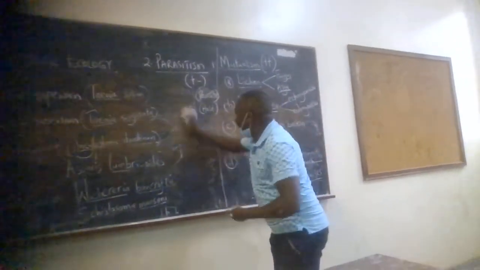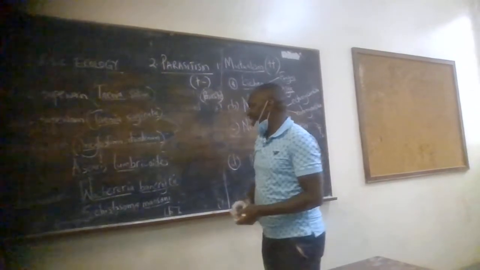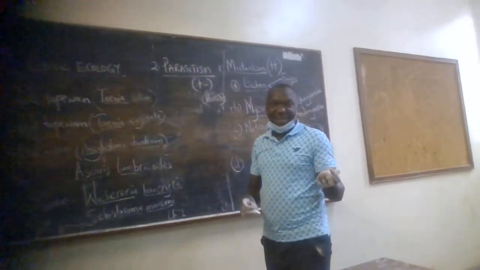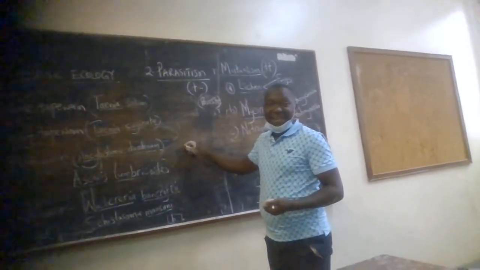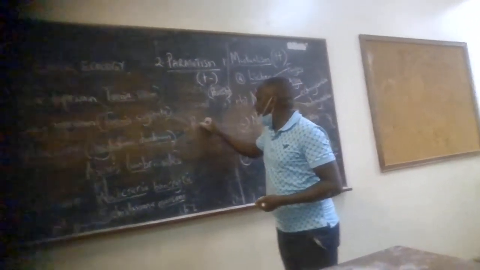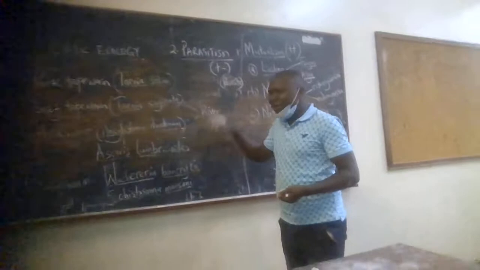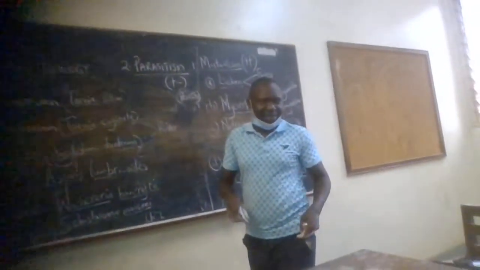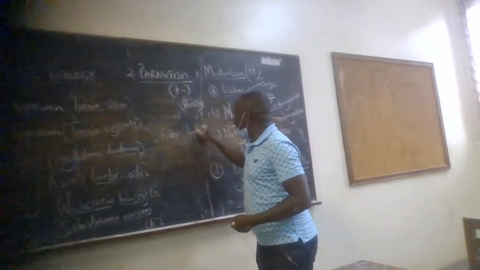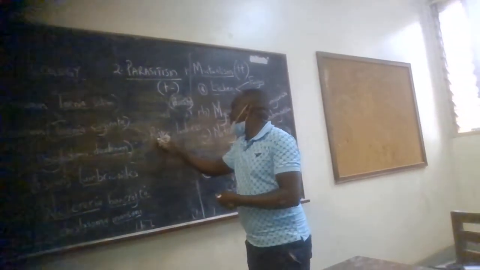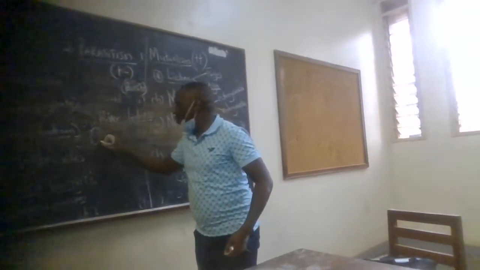Onchocerca. You even had a project, I think, in the vector control division on river blindness. They call them neglected tropical diseases, isn't it? Neglected tropical diseases. This was one of them. River blindness. It is called what?